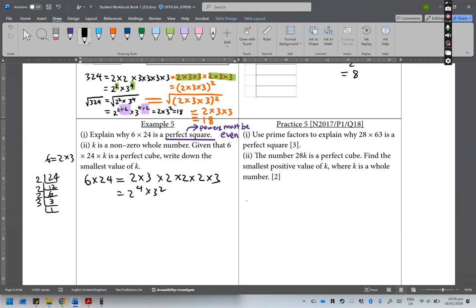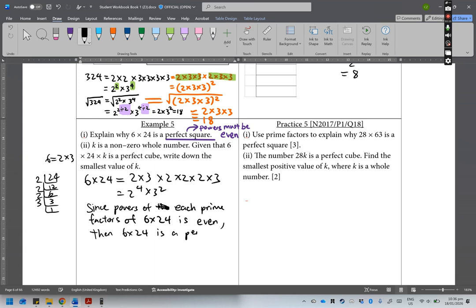So since the powers of each prime factor of 6 times 24 are even, or you can say are a multiple of 2, then 6 times 24 is a perfect square.